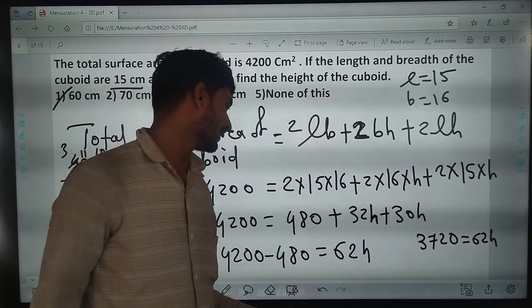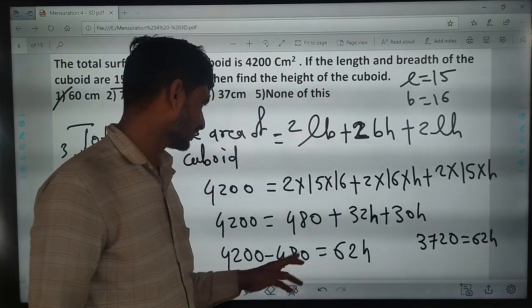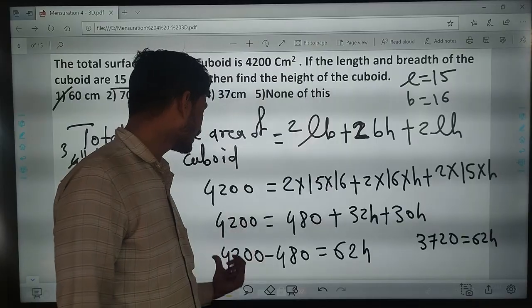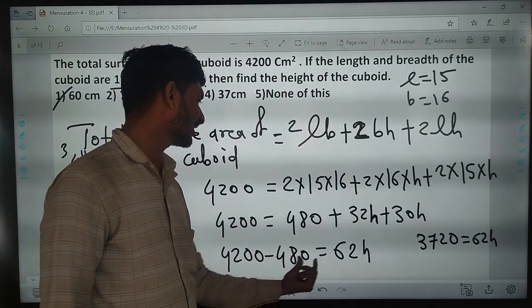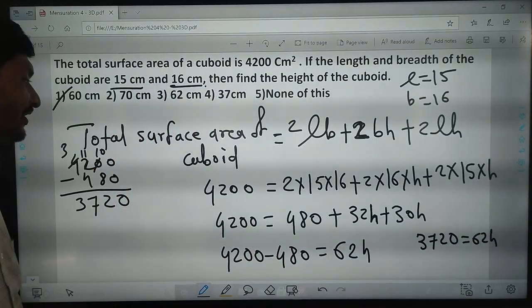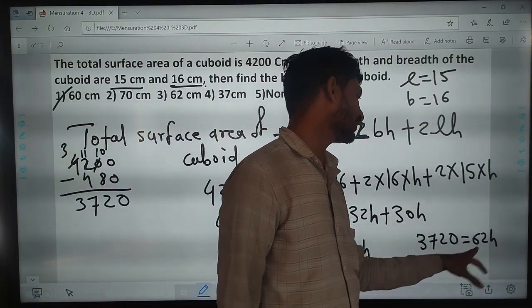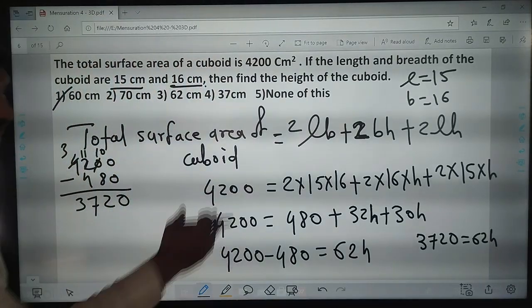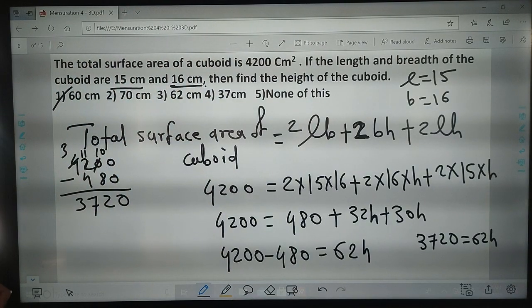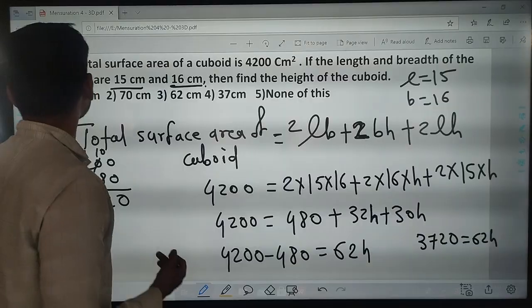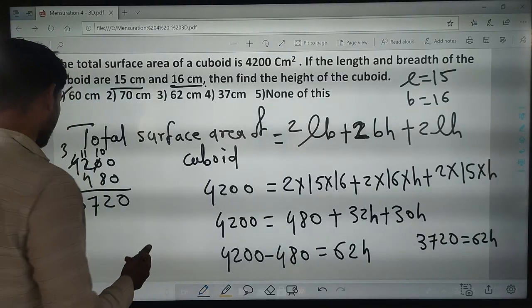Now the addition of these two. Here 4200 minus 480 is equal to 62h. Now here 3720 is equal to 62h. By solving this, we get the value of height, and this value is 60 centimeter. Now next.